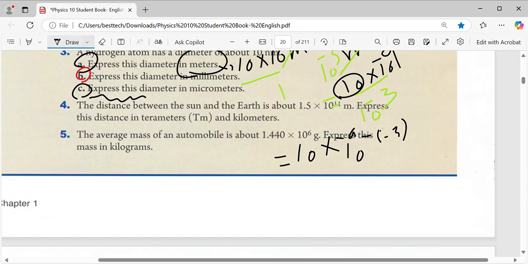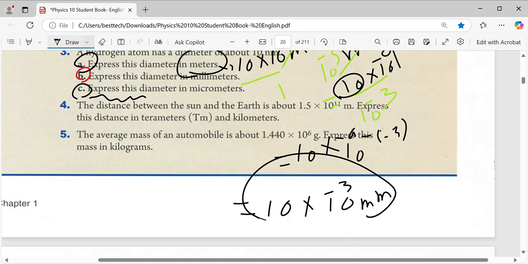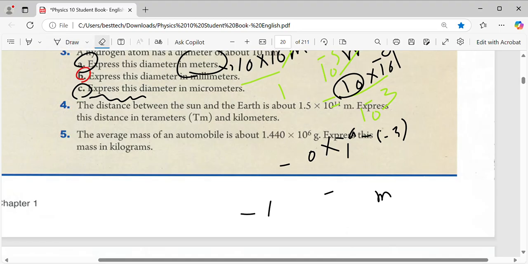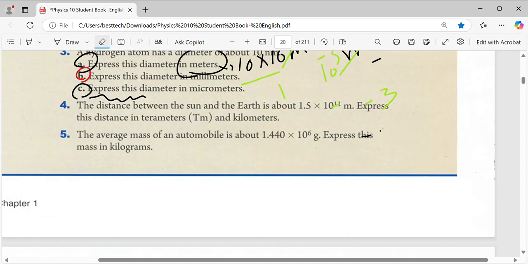So the answer is 10 times 10 power negative 6 plus 3. Negative 6 with positive 3, different signs, is going to be negative 3. So the answer of the power is negative 3, in millimeter. Okay, the answer of part B's question.